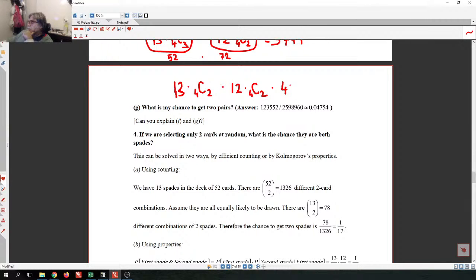Okay, you have to be careful here, because in this story, you're going to have, let's say, a pair of aces, ace of diamonds, ace of hearts, and you have a jack of spades and jack of clubs. But you're also going to have jack of clubs and jack of spades, and ace of hearts and ace of diamonds, because this is how it's going to happen.